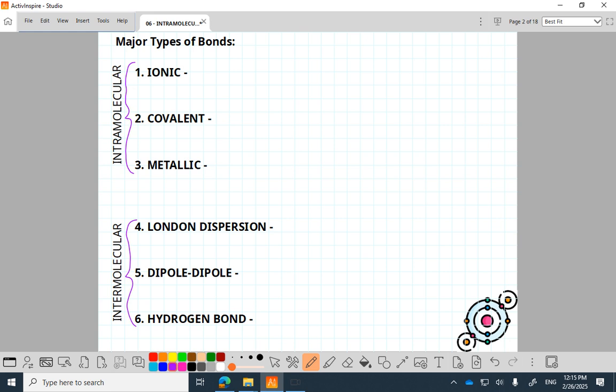So when you have an ionic compound or an ionic bond, this is something you should have talked about in grade 10. So this is transferring electrons. Some scientists will say metal and a nonmetal.